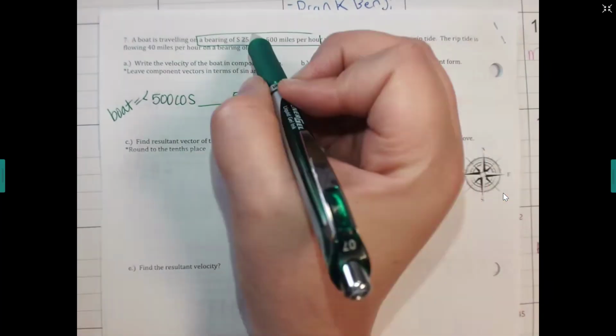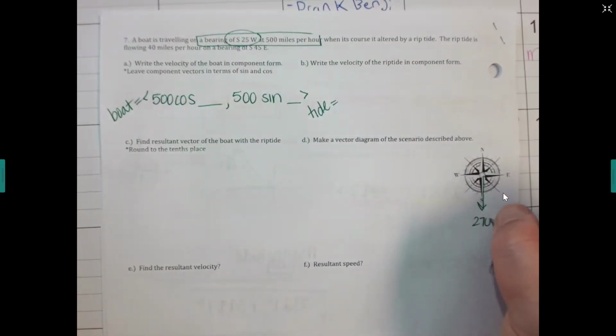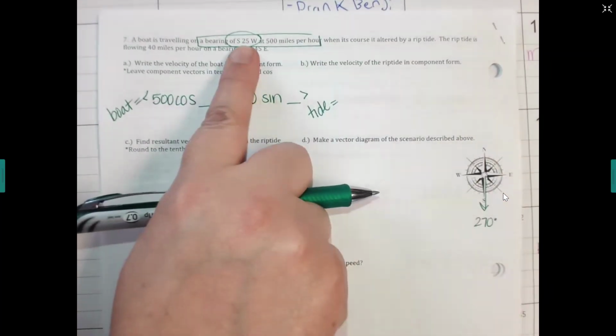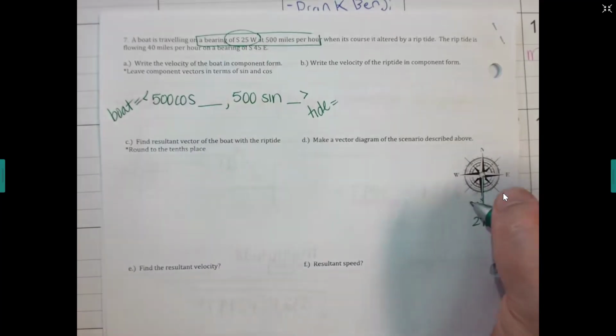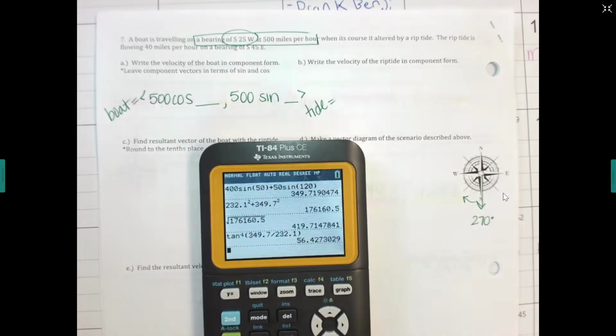So come over here to your compass. If I start out pointing south, how many degrees is that? 270. And then I'm going to tilt 25 degrees west. That would be this way. Do I add them or subtract it? Good. So 270, take away 25. That leaves me with 245 as my angle.